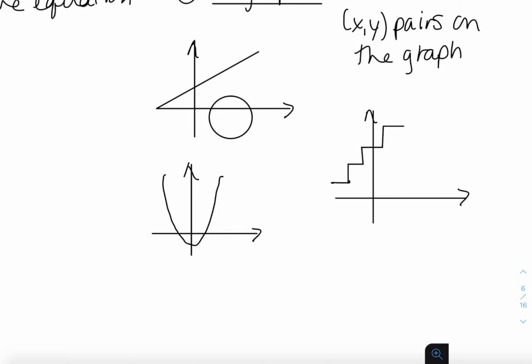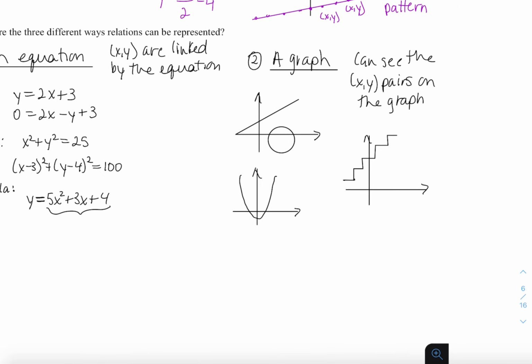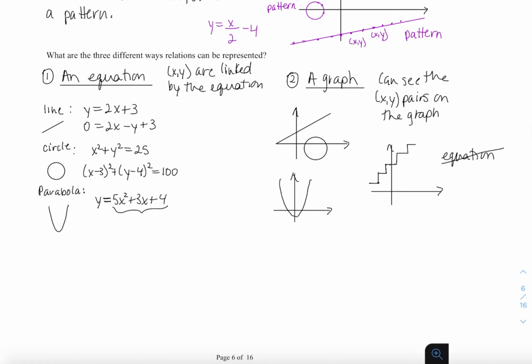Okay, let's pretend this looks like a staircase. You know what? Writing the equation is actually a lot more difficult than just looking at the graph. So I could look at the graph and see that all these xy values are associated together just by looking at the graph visually.